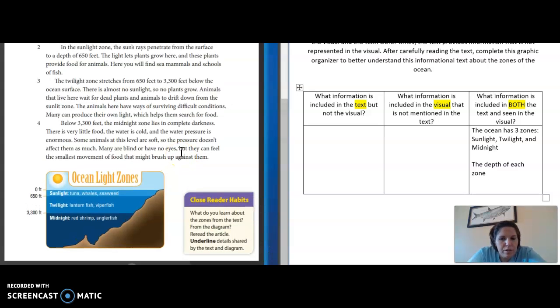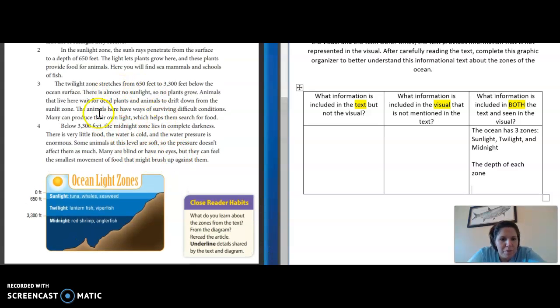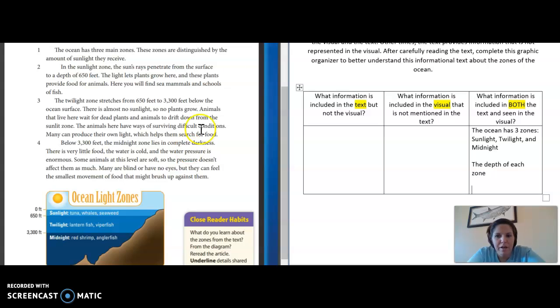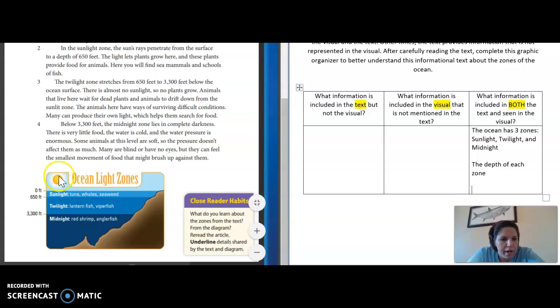I think that was all of the information that I got from the text and the visual together, but now let's focus on information that was just in the visual. What I noticed is that it mentions right here different animal and plant life that can be found in these different zones.